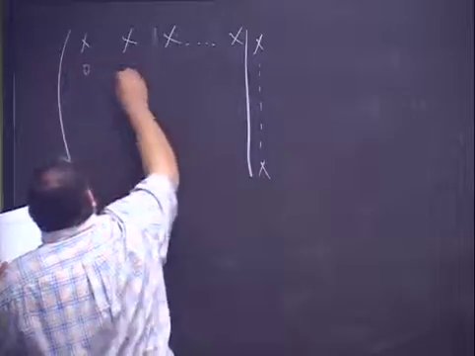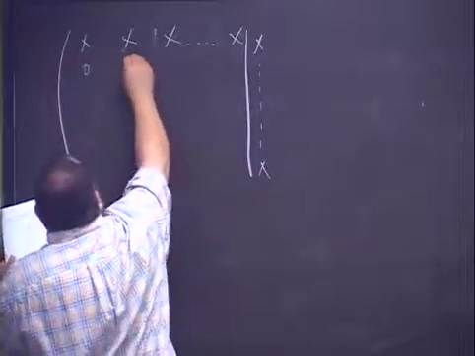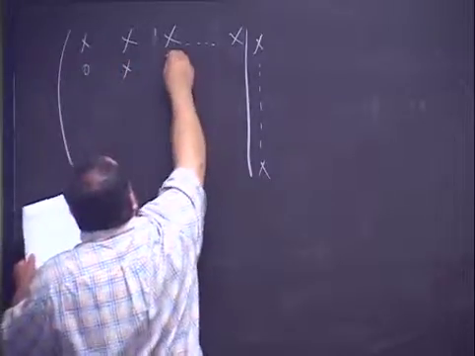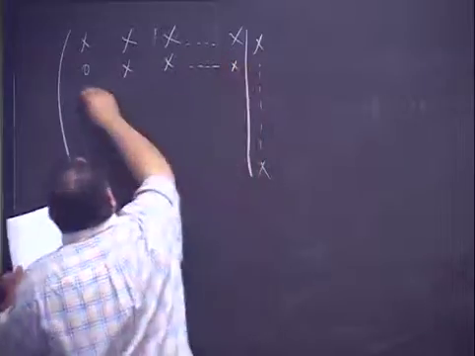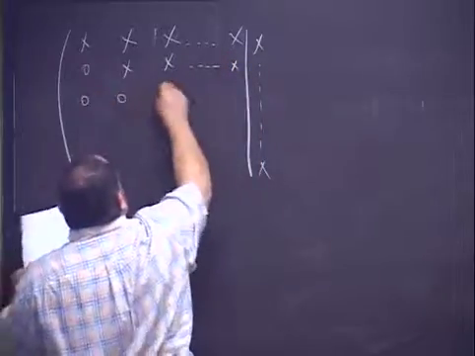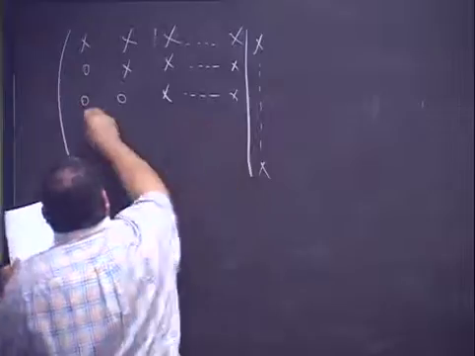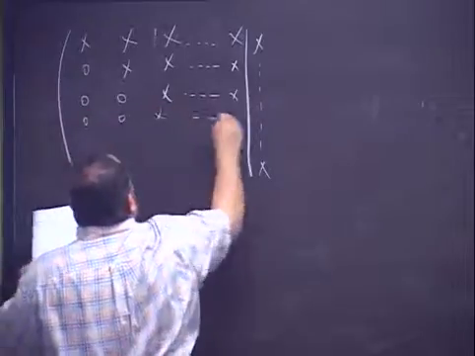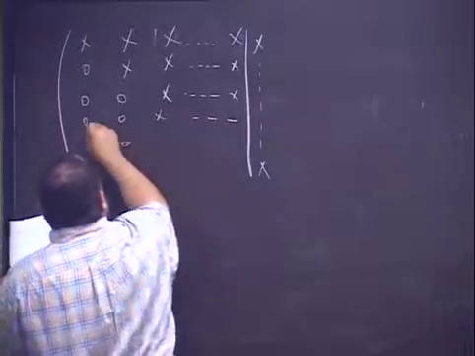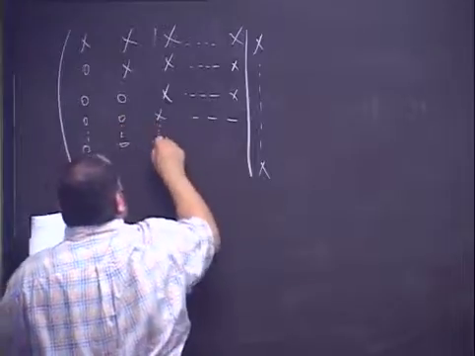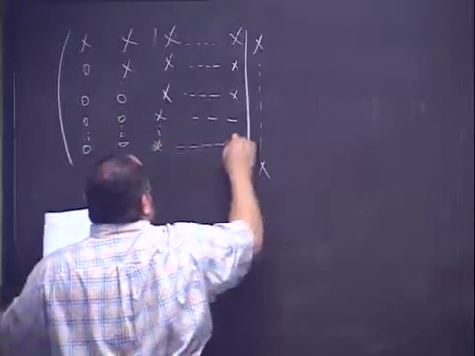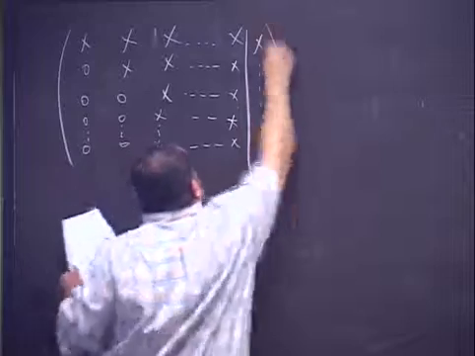So we have 0, then the second process is to have 2 zeros here, and so on. And so on.